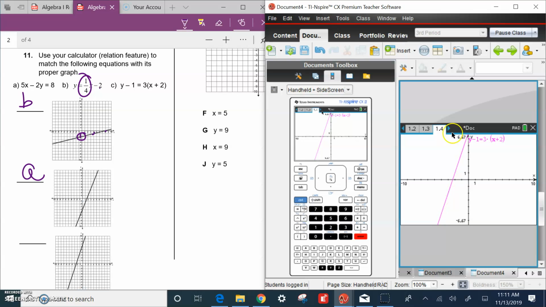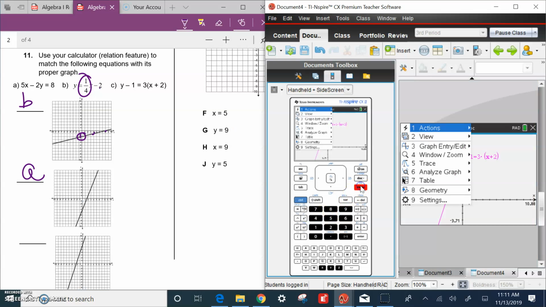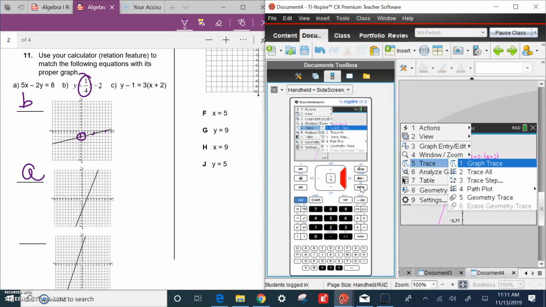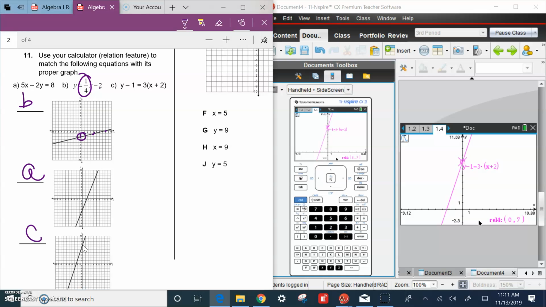If you can't see it, you can hold down your mouse and then move it around, and you can see where it crosses the y-axis. If you're still not sure, you can do menu 5-1, and it always starts on the y-intercept. Click to where it crosses the y-axis, and it says y-intercept, and our y-intercept is 0, 7. So you can count here. Is it crossing at the 7? And it is. So we know that this is our C graph.